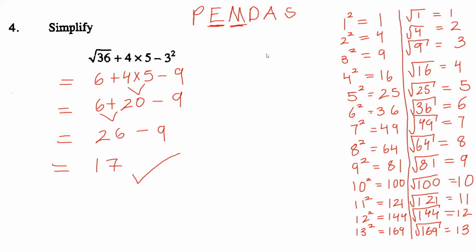Gianna, do you understand how we got 17? Yes, sir. But I did it wrong at first because I didn't use PEMDAS. Yeah, you have to use it. Remember, you have to multiply before you add. You have to do exponents before you multiply. Right?